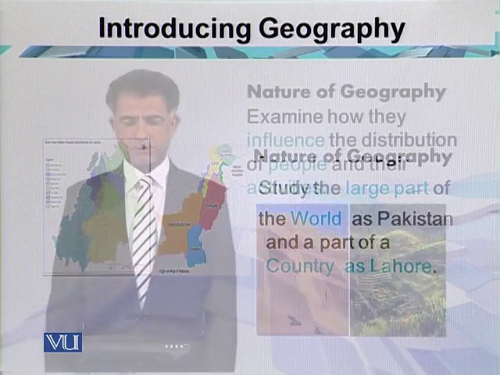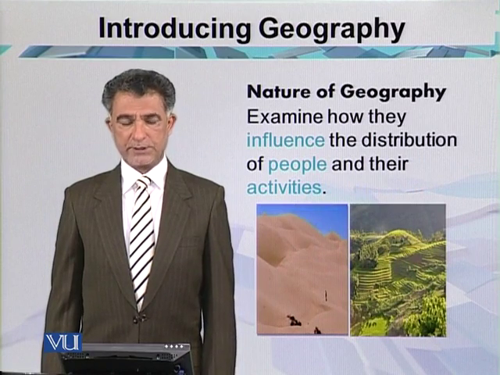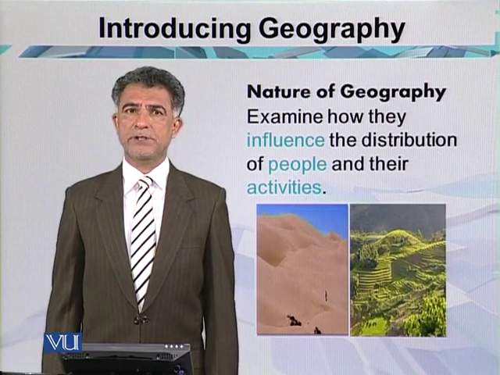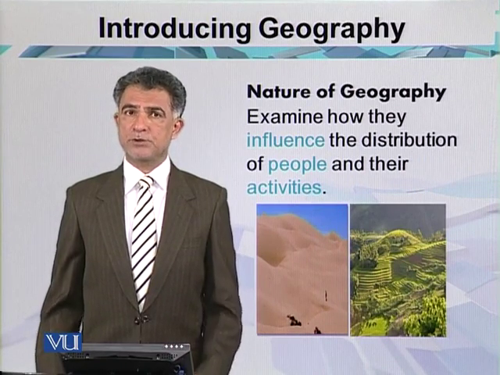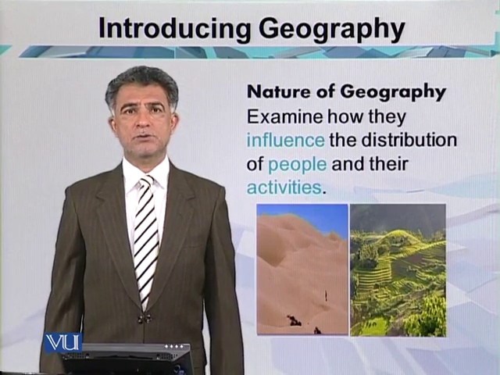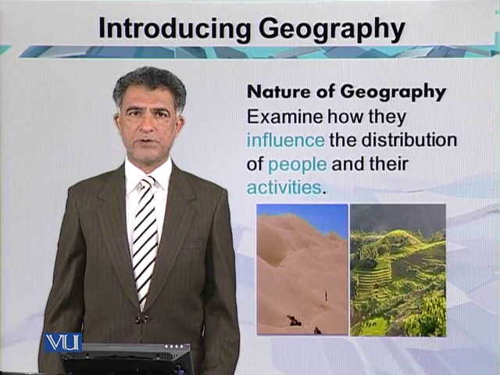And the last one, examine how they influence the distribution of the people and their activities. So here we have two best examples of two different environments. One belongs to the desert type of area and the second belongs to the mountain type of environment.